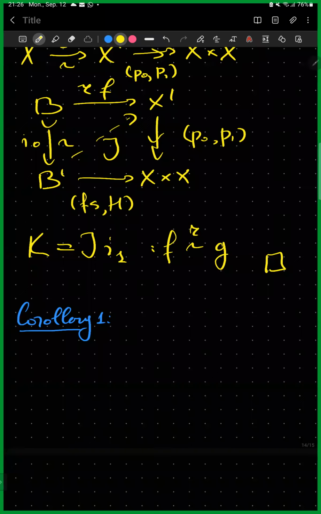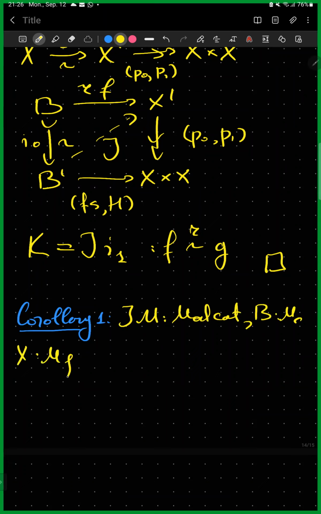First corollary states that if M is a model category and B is a cofibrant object and X is fibrant, then the notion of left and right homotopy coincide in their hom set, and they're both an equivalence relation.